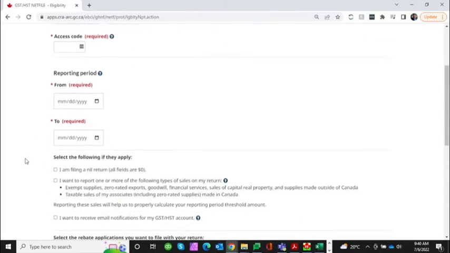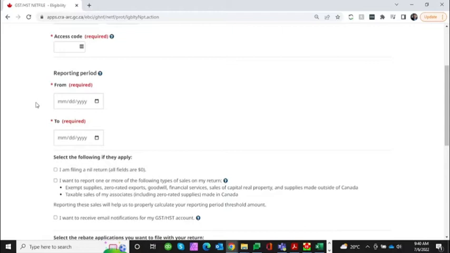The third very important thing is the reporting period. The reporting period is the time period your HST or GST return is supposed to be filed for. Usually it begins from the very date you register for HST, not the business start date. That's the beginning date, and it ends at the end of each quarter or the end of the year.